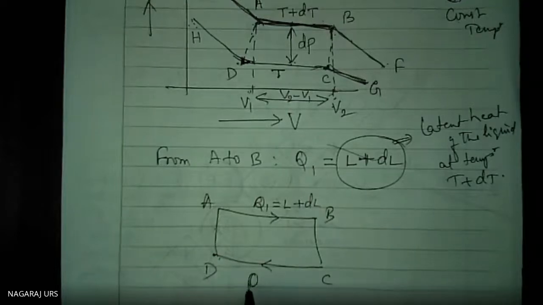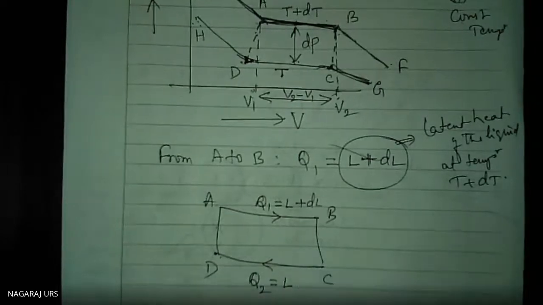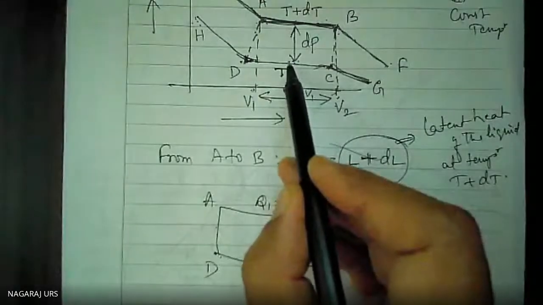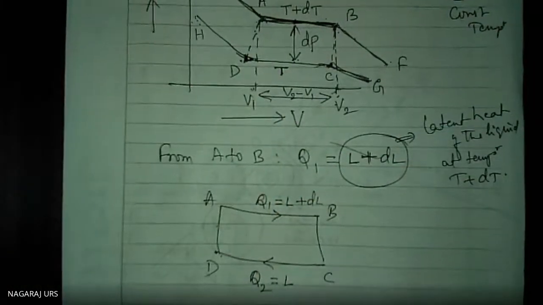It rejects the heat energy. The rejected heat energy is equal to Q2. Q2 is equal to L. What is that L? It is the latent heat of the liquid at the temperature capital T.